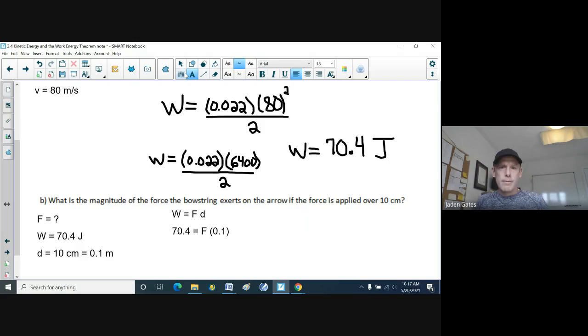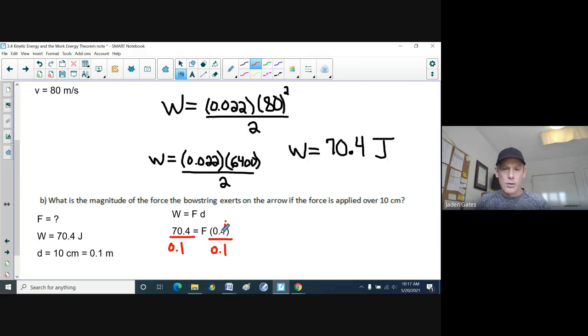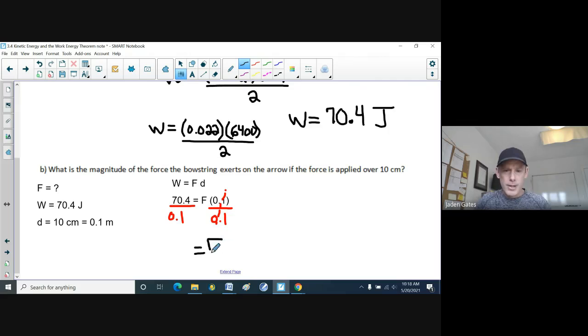All I need to do to get F by itself is divide by 0.1. What I do to one side, I have to do to the other. So those 0.1s divide each other out, and our force here is 70.4 divided by 0.1.